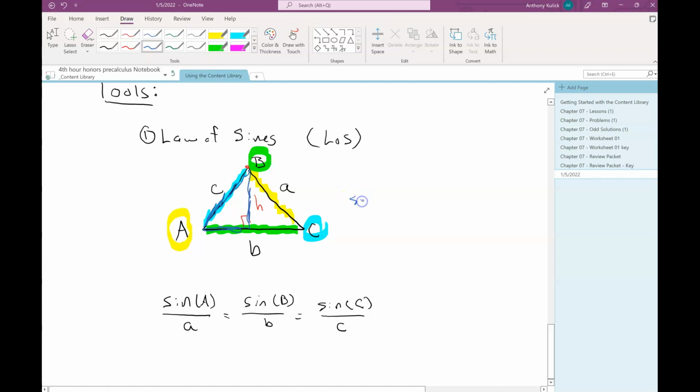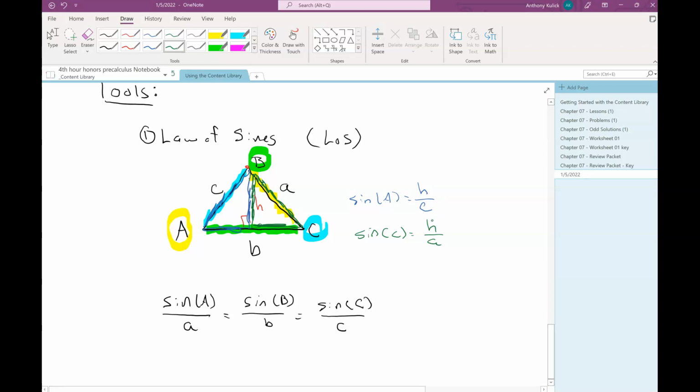So I can say sine of A is equal to opposite over hypotenuse, which is h over c. I also create a right triangle on this side in green. If I do the same thing, I can say sine C is equal to opposite over hypotenuse, h over a.